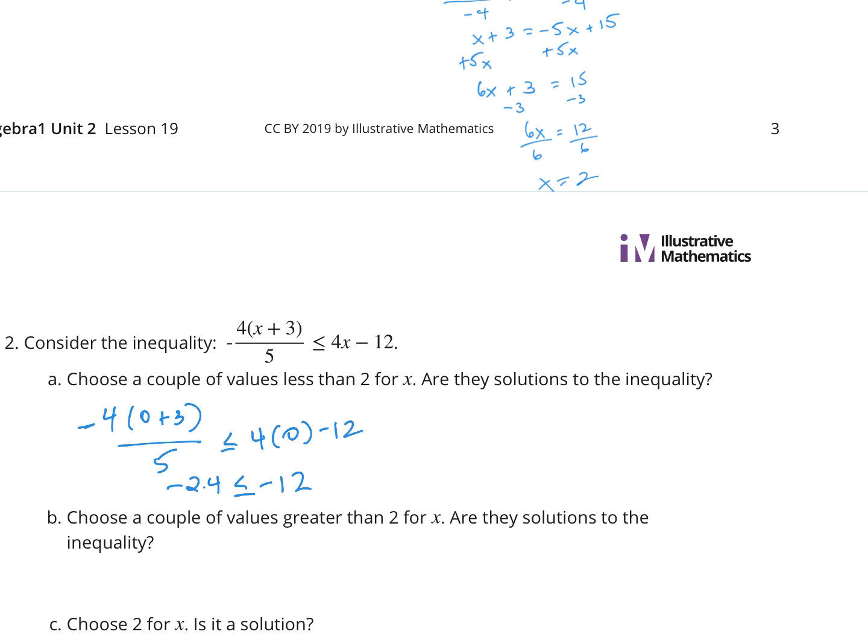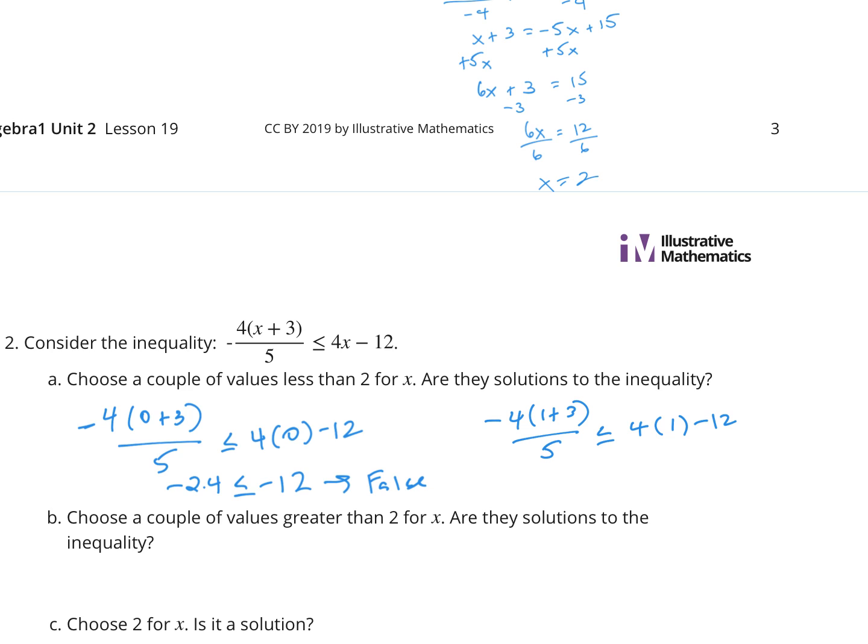So in this case, is this a true statement? Negative 2.4 is less than or equal to negative 12. No, this is false. Let's choose one other number less than 2. Let's go with 1. So we have negative 4 times 1 plus 3 all over 5, and we're seeing if that's less than or equal to 4 times 1 minus 12. 1 plus 3 is 4.